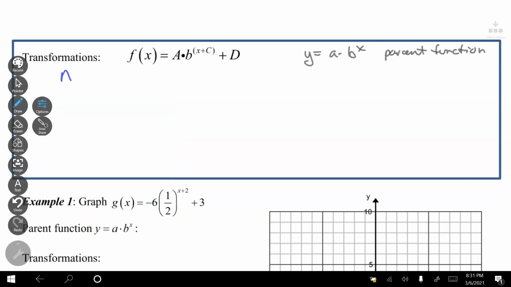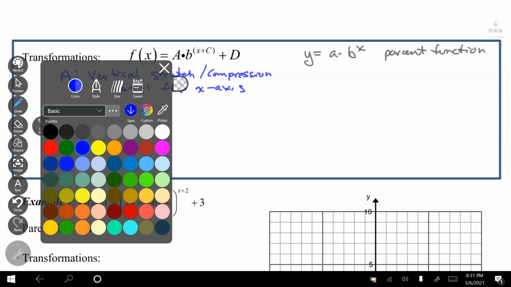Capital A is actually part of that equation, but in general, it still is a vertical stretch or compression. And if A is negative, it's going to flip over the x-axis. That's still the same thing we did before.